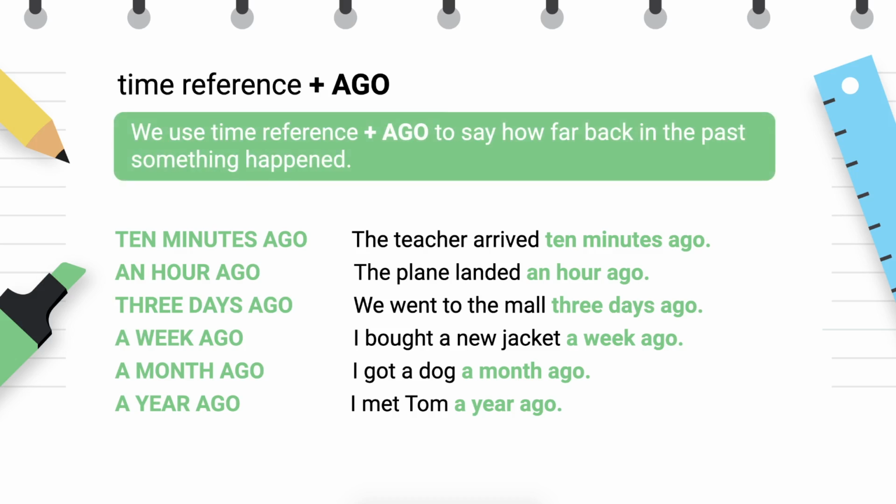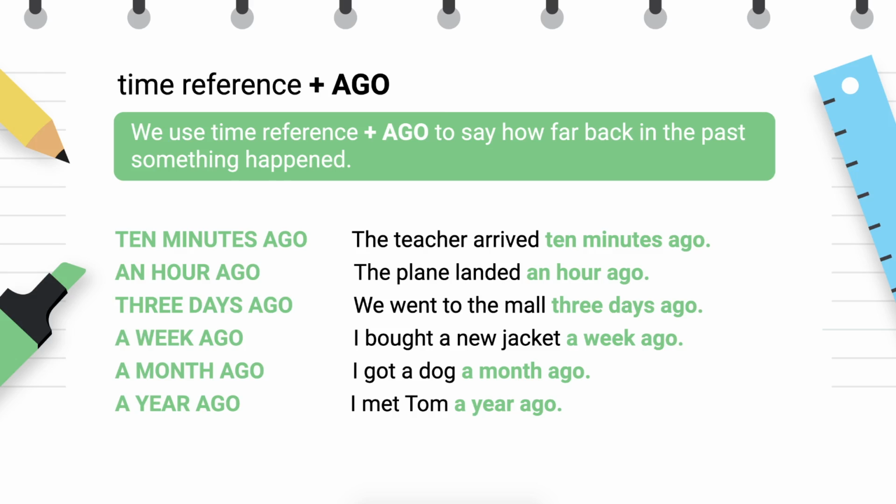Here are some past time expressions with ago. We use time reference plus ago to say how far back in the past something happened. 10 minutes ago. The teacher arrived 10 minutes ago. An hour ago. The plane landed an hour ago. 3 days ago.